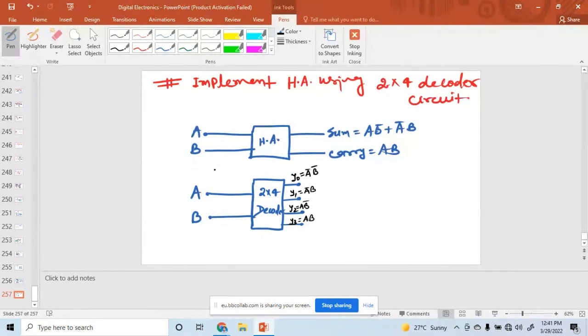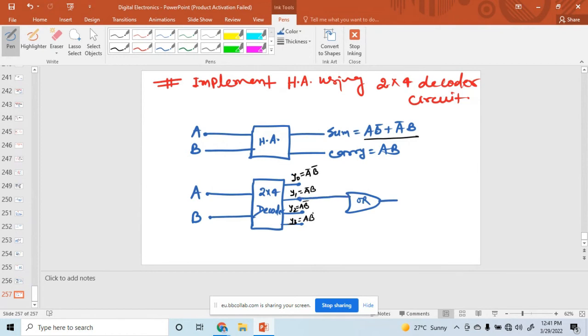Here I choose the value of the enable line as the one. Then how to find this expression? So one OR gate is needed. So just connect here one OR gate. So what is the input of the OR gate?